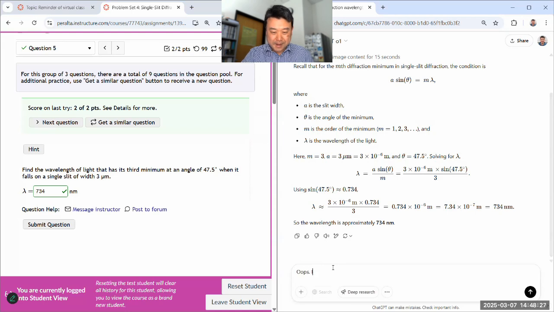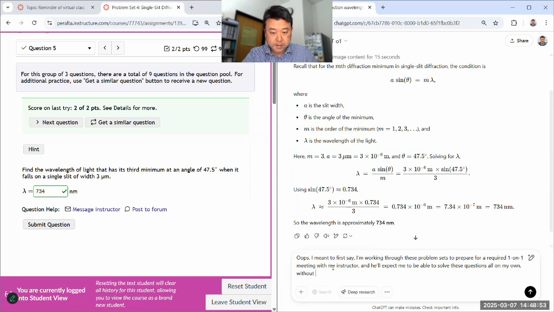Oops, I meant to first say: I'm working through these problems to prepare for a required one-on-one meeting with my instructor, and he will expect me to be able to solve these questions all on my own without any outside help.